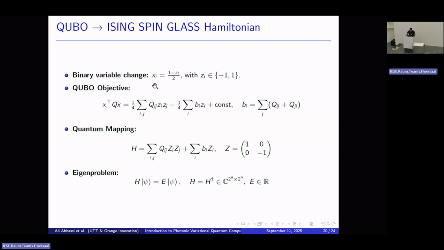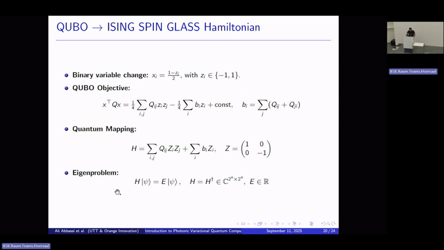This is a very quick but important reminder. Why do we always say QUBO? Because QUBO is isomorphic to the Ising Hamiltonian. It means that we have two interactions at most. So we have x_i x_j, and this is easily mapped to the Pauli matrices Z here, such that we are solving an eigenproblem.